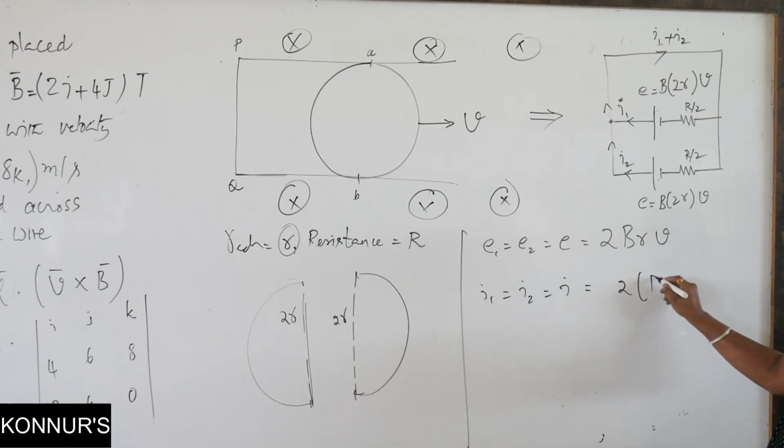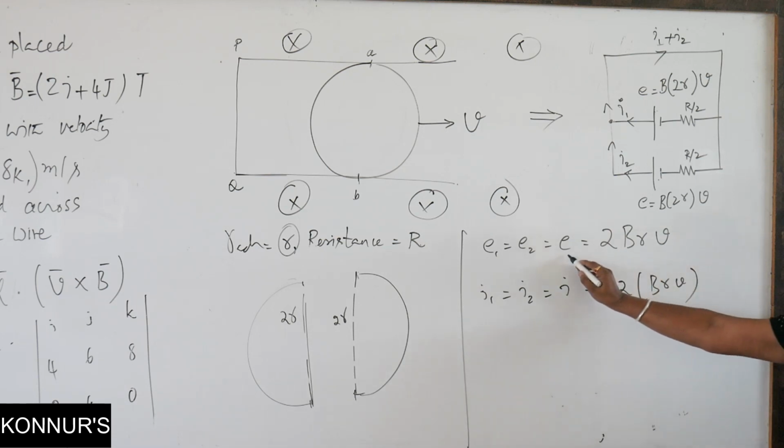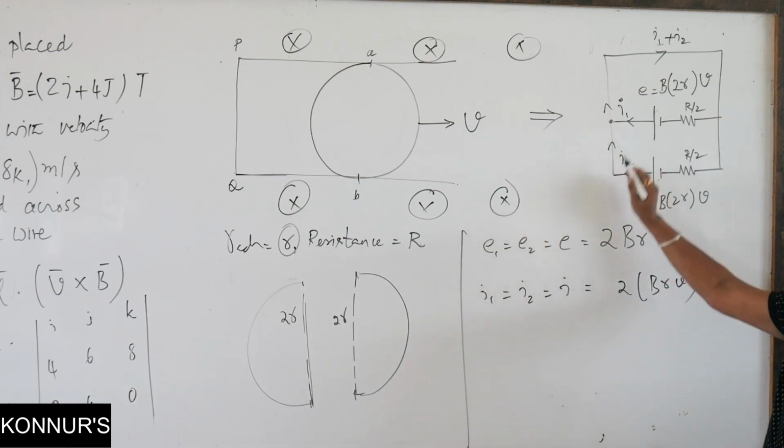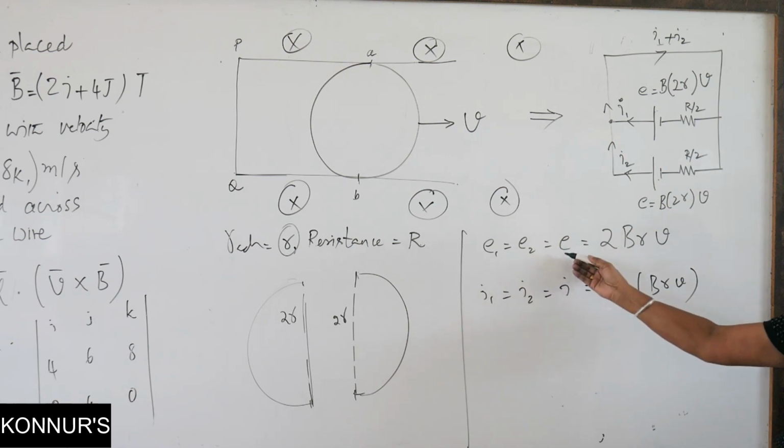Both are in parallel combination, and we know that in parallel combination, common potential is there, no adding of potentials. Therefore I1 is equal to E1 by R1, I2 is equal to E2 by R2. Both are same because of this symmetry that we have shown here.